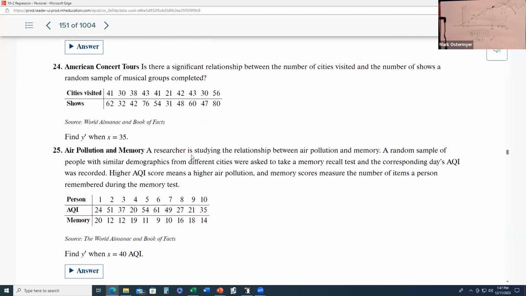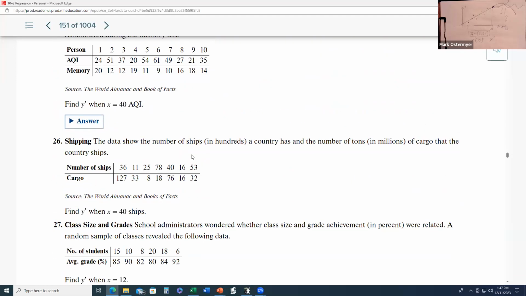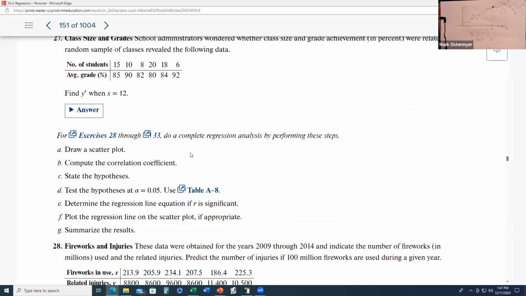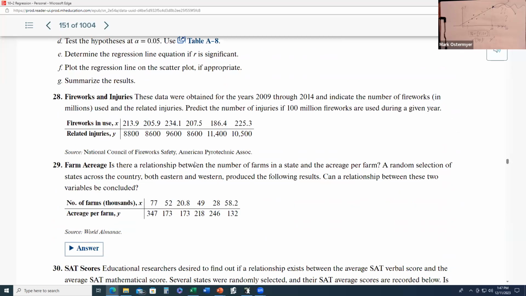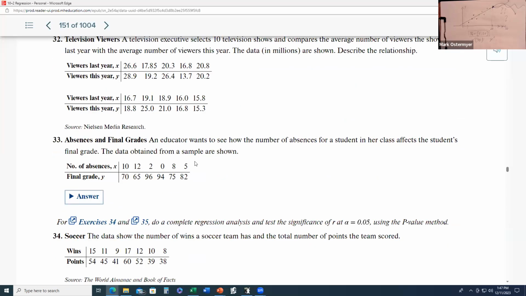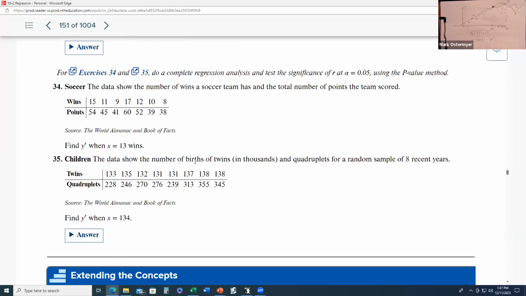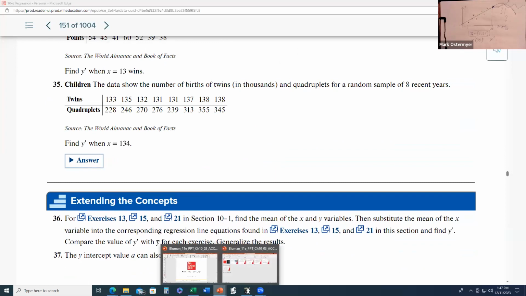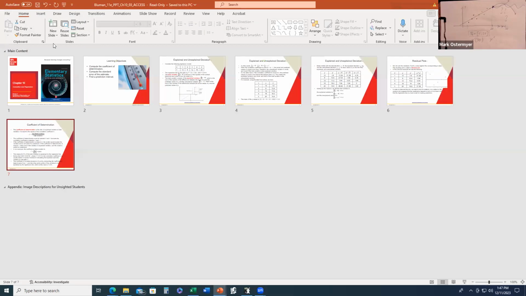Okay, so do we understand how to do regression on our calculator to find a linear regression equation and how to find R? All right. So that's how you would perform regression using your machine here. All right, let's go to the last section here. This is a fairly short section.